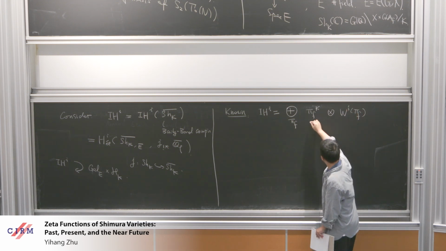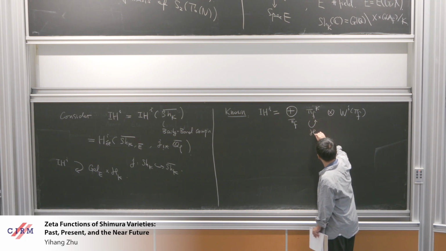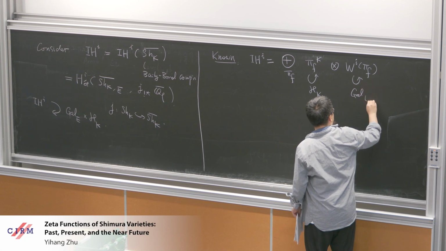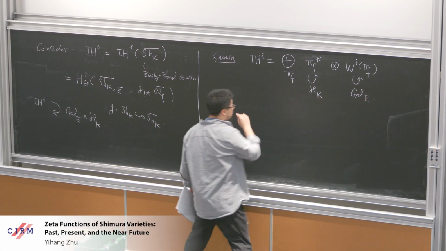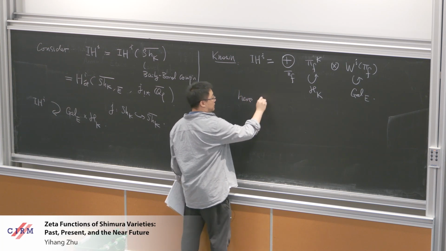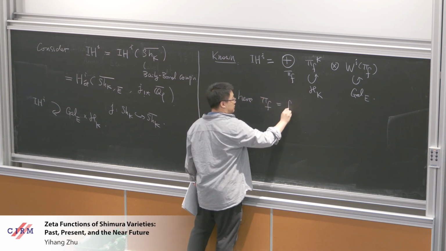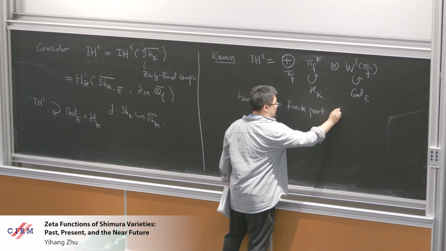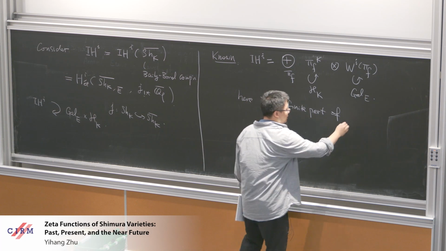So here, this is a Hecke module, and this is a Galois representation. And here, pi_f is the finite part of some discrete automorphic representation pi.